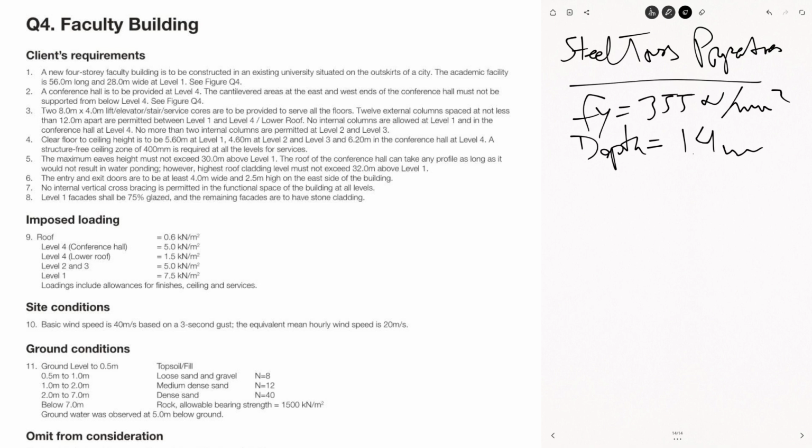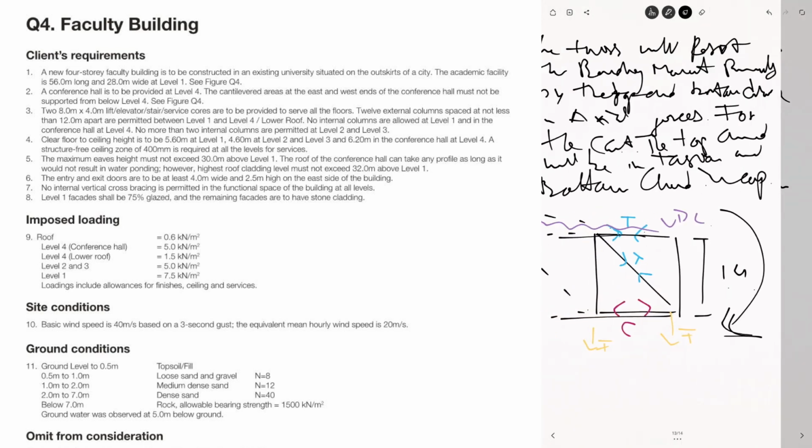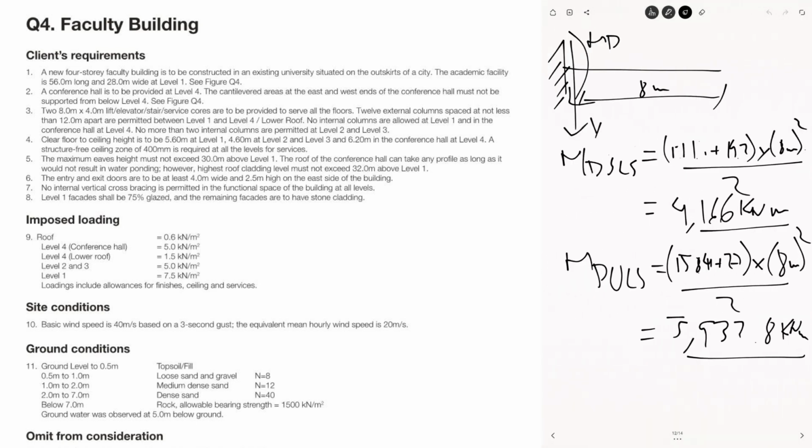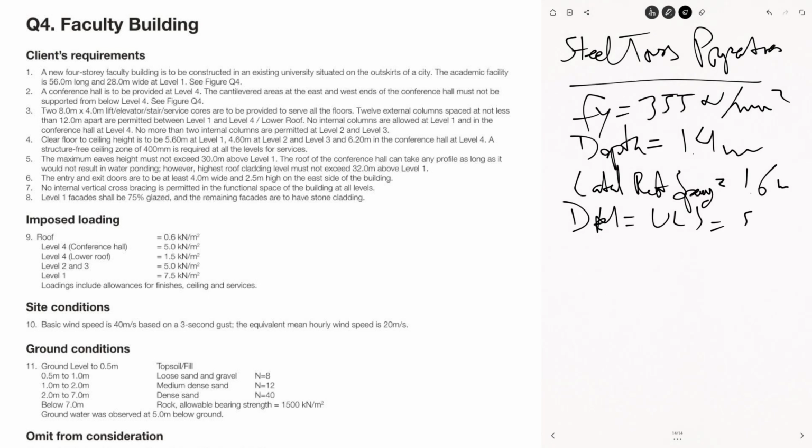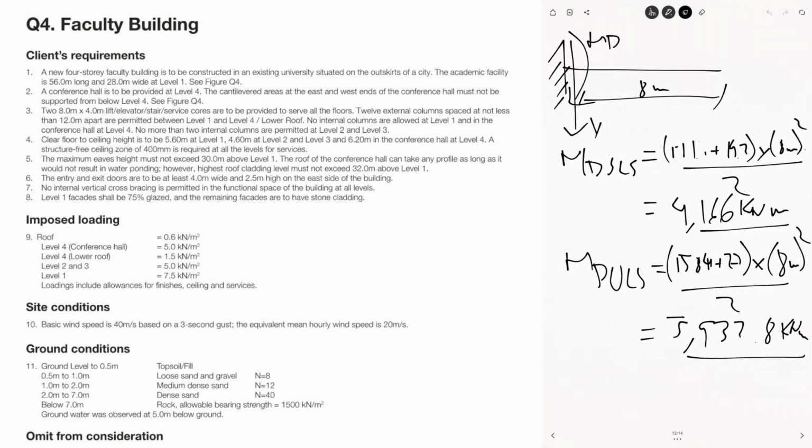So now we go the lateral restraint spacing. That's 1.6. Okay, now I'll show what this 1.6 is. We know that this design moment ULS 5932, and SLS 4166.